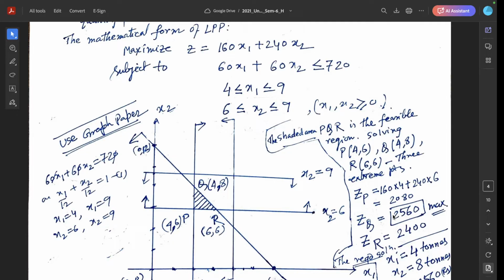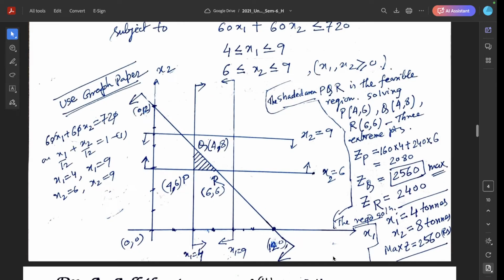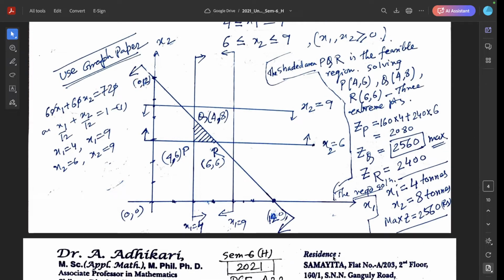So the maximum is ZQ. So the optimal solution, that is the maximum solution, is x1 equal to 4 tons and x2 equal to 8 tons, and maximum Z equals 2560 rupees.